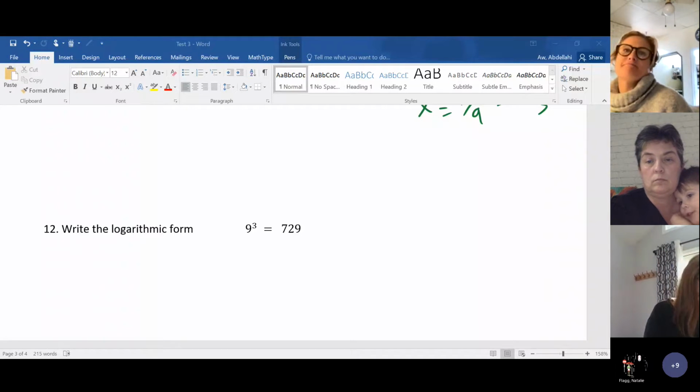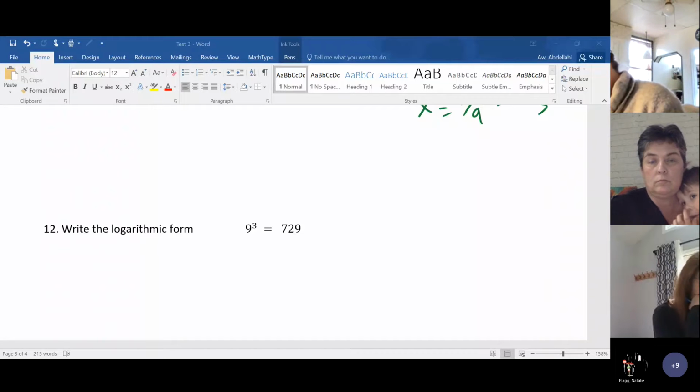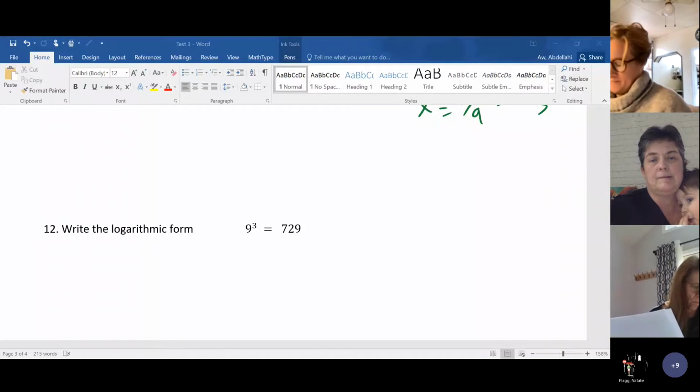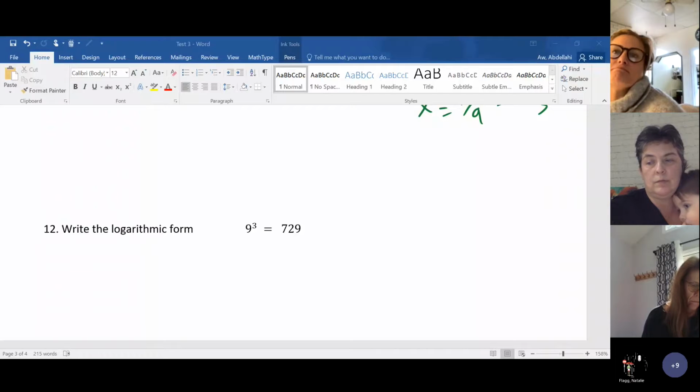But for us in 083, the simplest way to introduce log is to say it is another way to write exponential expressions. Another way to write exponents.